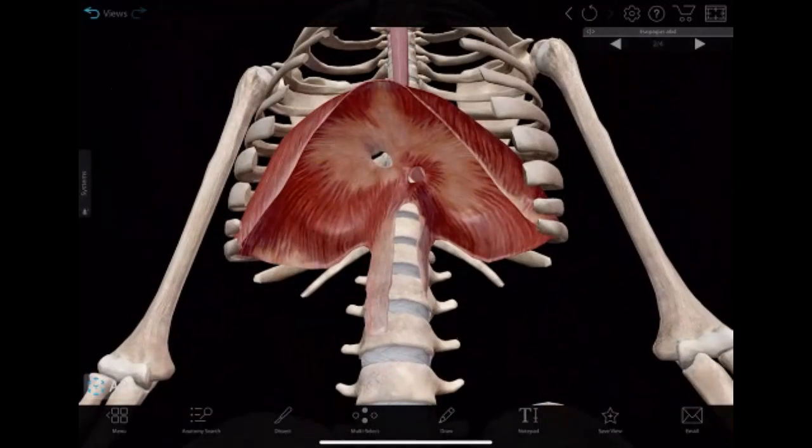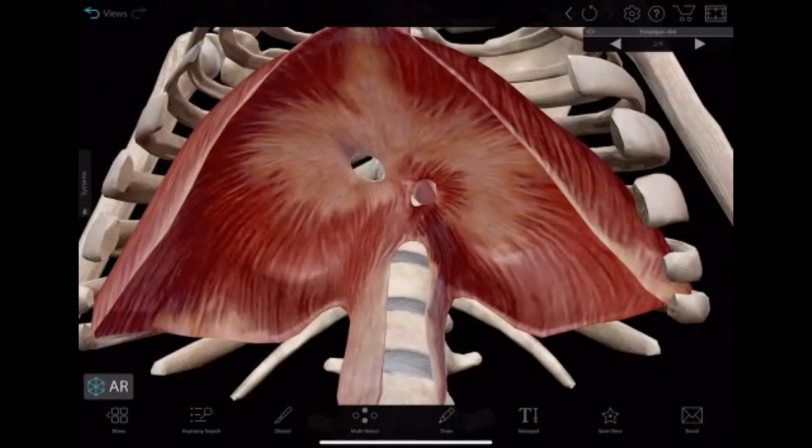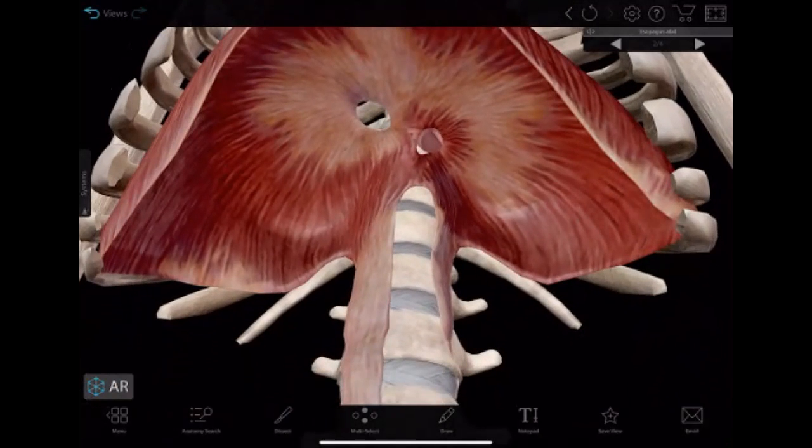We have already seen that cursorily in the previous classes, the openings of the diaphragm. This is the right crus and this one is the left crus.